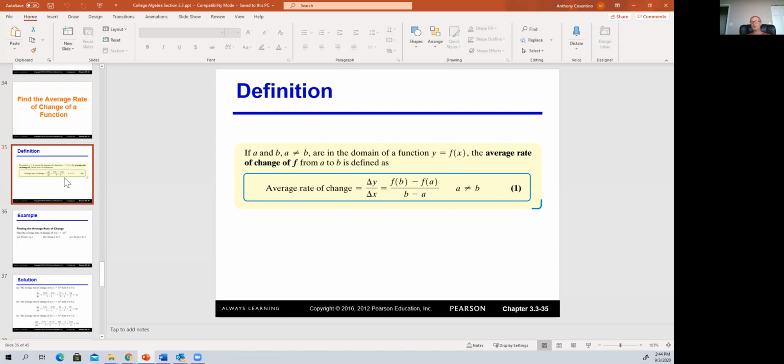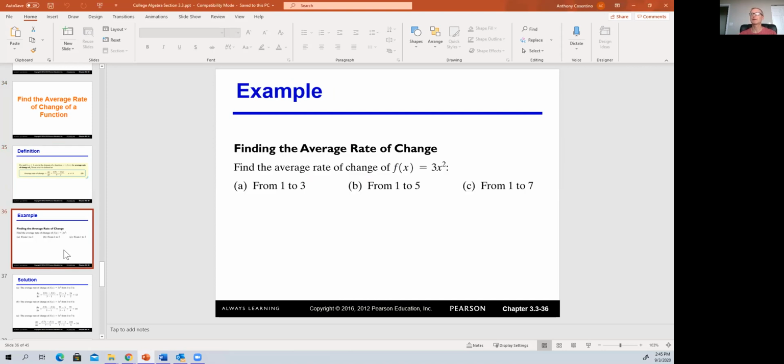So it's the change in the y values divided by the change in the x values. And I think a good way to go through this is let's walk through an analysis using a reasonably simple equation. This is f of x equals 3x squared.